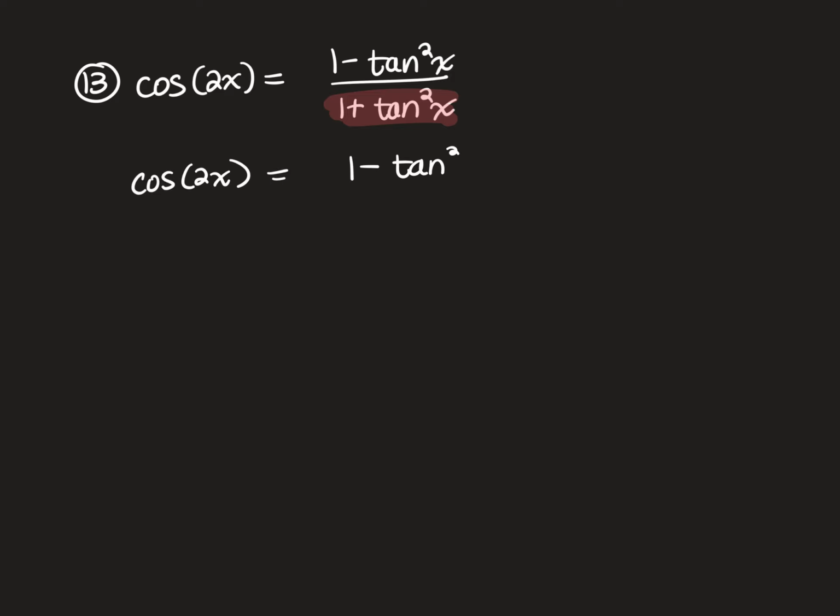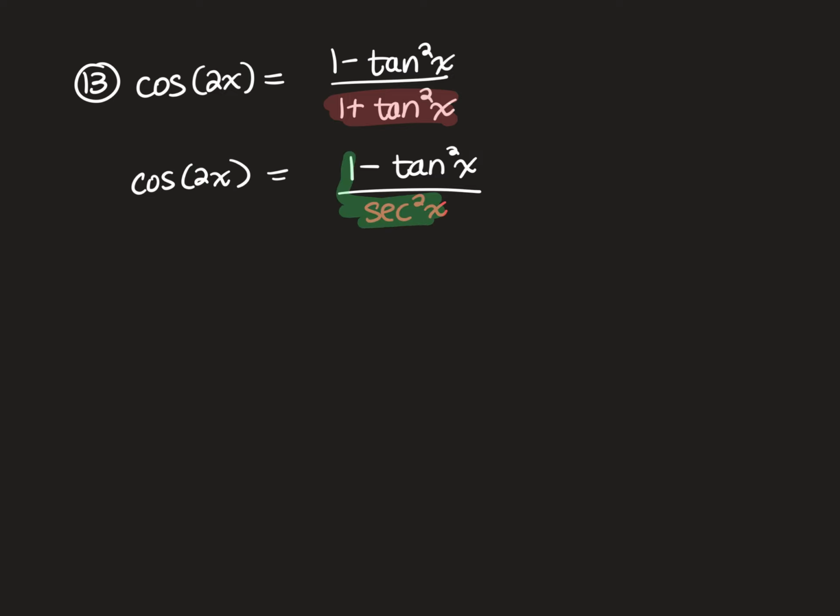So I have 1 minus tangent squared in the numerator, and then in the denominator, 1 plus tangent squared is just secant squared. Now, the nice thing about that, there's a couple things you could do with that. So you could change everything to sines and cosines, multiply by the reciprocal of your bottom fraction, or remember this idea of splitting up your fraction.